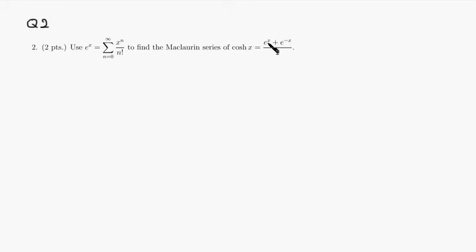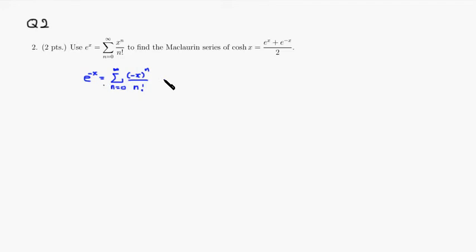of the exponential function. We know what e to the x is, but how about e to the negative x? The only difference is that x is replaced by negative x, so it's going to be the summation n goes from 0 to infinity of negative x raised to the n over n factorial.